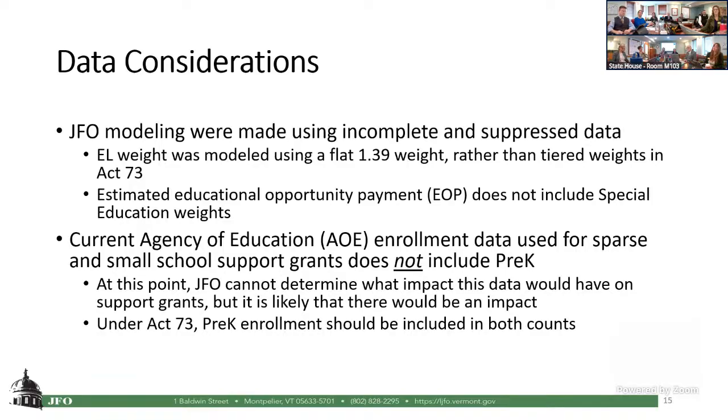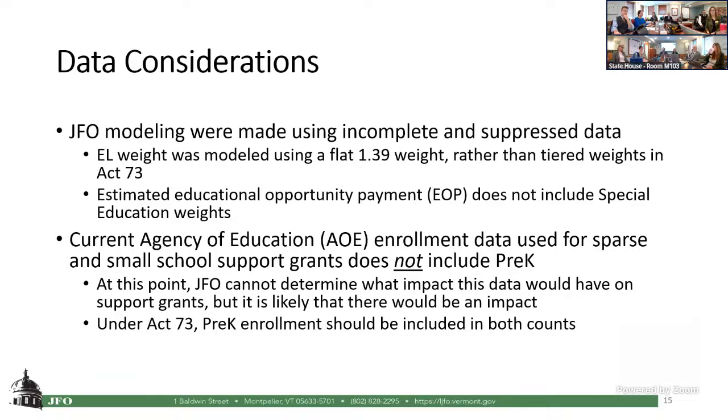When you have small population groups, once it gets below a certain number of students, below 11, we have to have that data suppressed. So for example, the EL weight was modeled using a flat 1.39 rather than the tiered weights that are in Act 73. Likewise, the special education weights, which are also based on disability categories, we did not include in the EOP at all because of that data suppression.